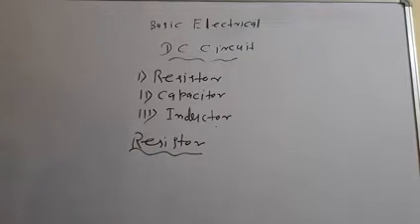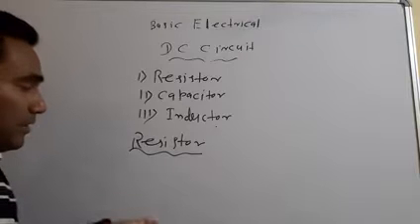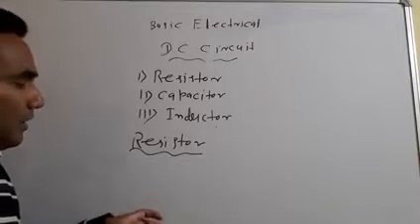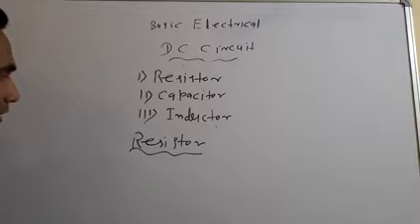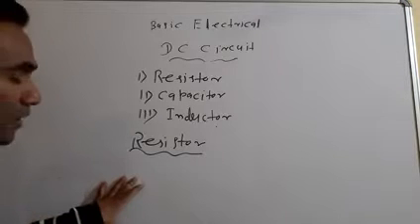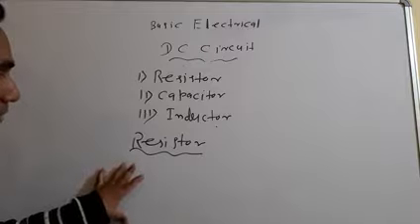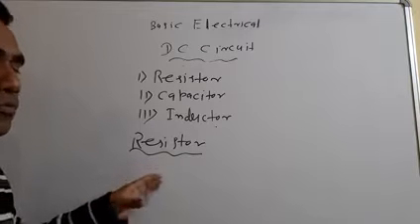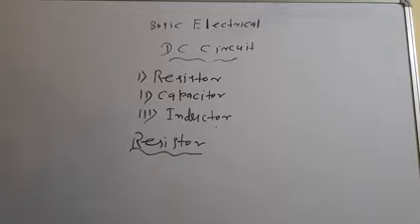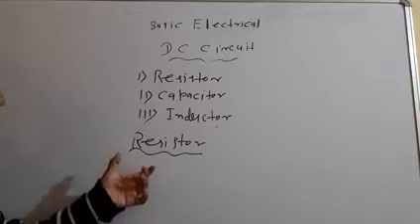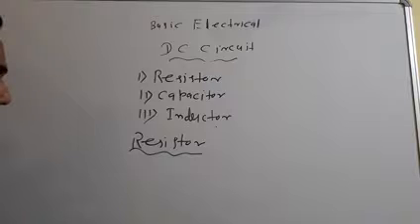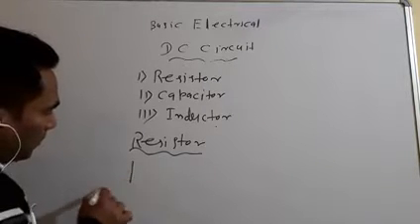A resistor is an electrical element that resists the flow of electrons. That means any electrical element that resists the flow of electrons is called a resistor. In the presence of a resistor in any circuit, there is a power loss.